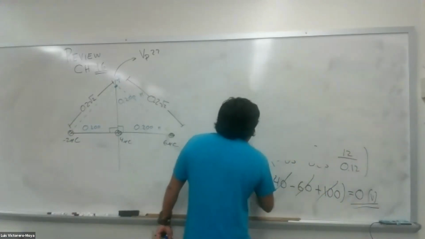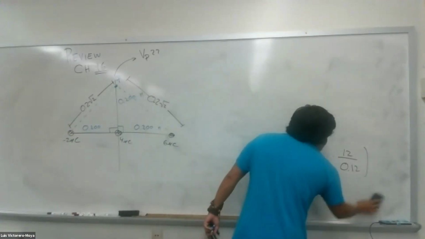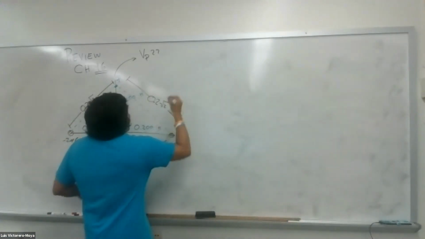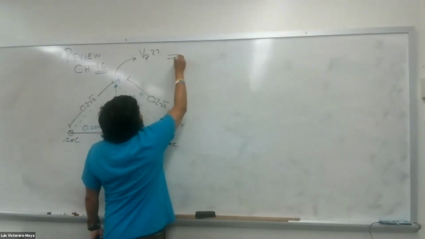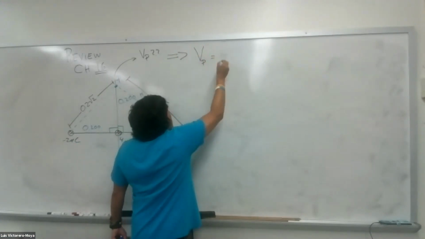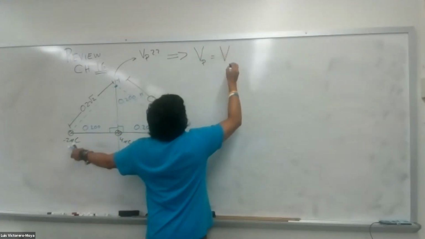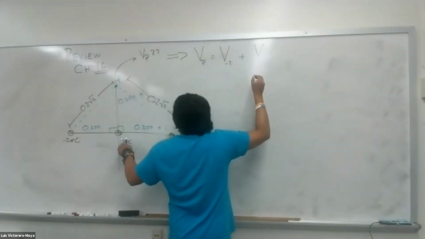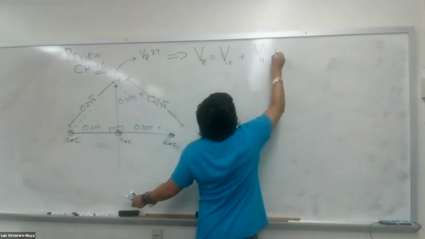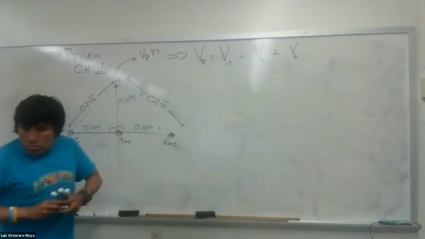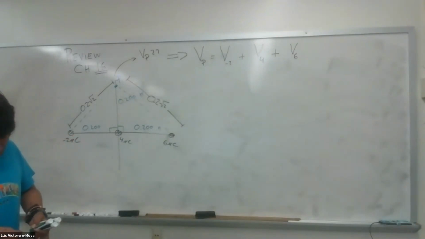And now I can use the equation for electric potential. The potential will be V due to -2 plus V due to 4 plus V due to 6 micro. Please don't forget the units.